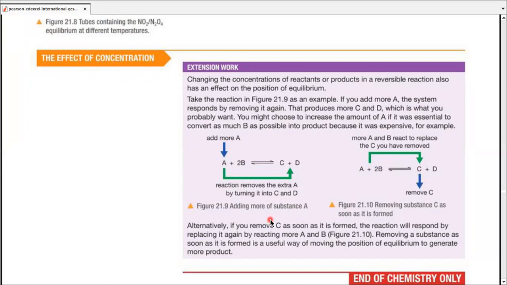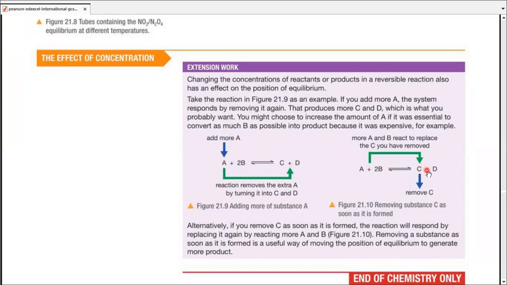It is always going to oppose the change. Let's say a reaction is occurring for A plus 2B giving us C plus D. If you add more A, the system will quickly consume that A, form some more products, and remove the extra A that you added to the system. So the equilibrium shifted towards the right.